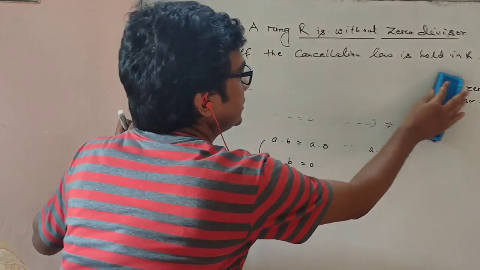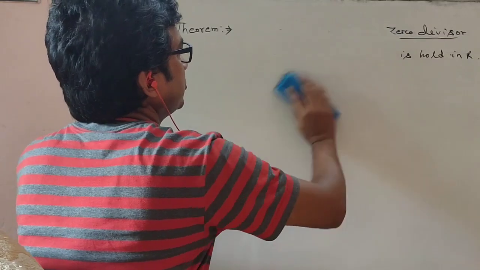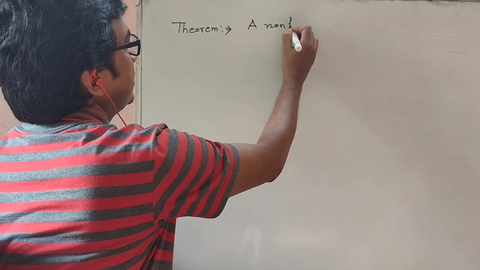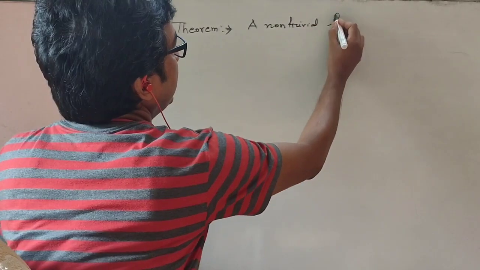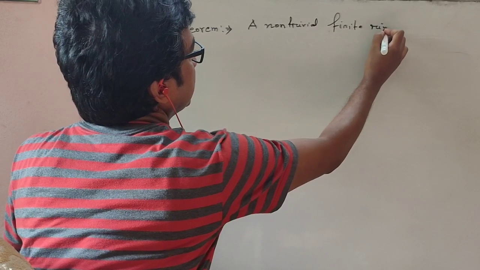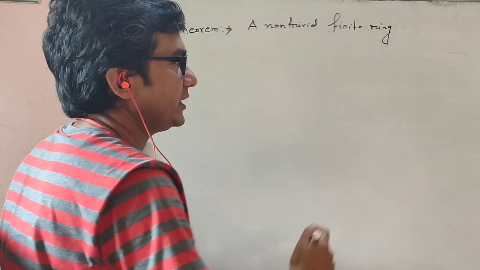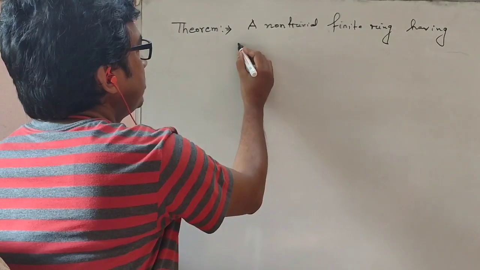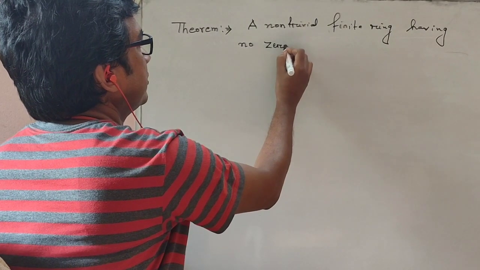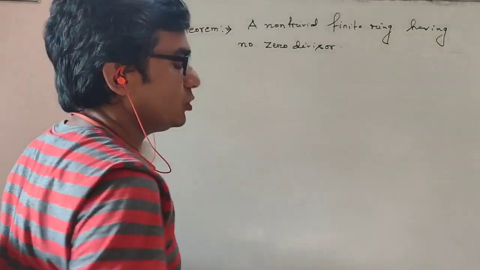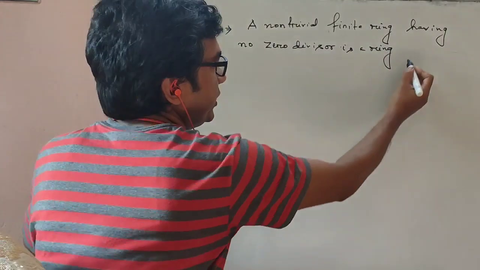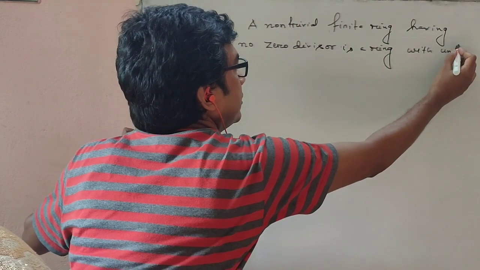Now, we get to another important theorem of rings, which is: a non-trivial finite ring having no zero divisor is a ring with unity.